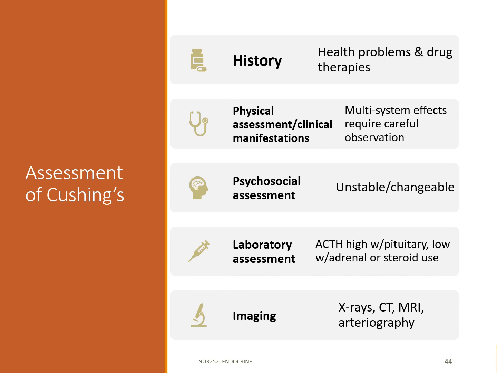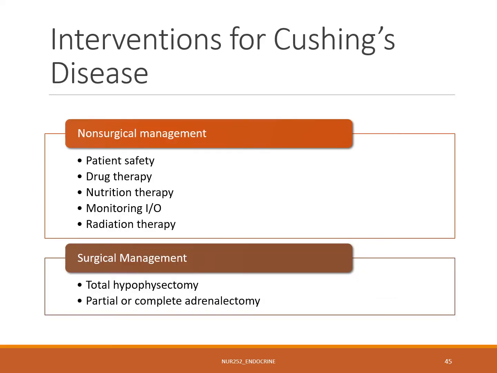Lab tests may include urine cortisol levels, which could be high regardless of the disease origin. ACTH will vary depending on the underlying cause. Various types of imaging are useful to identify lesions of the adrenal or pituitary glands, lung, GI tract, or pancreas. Patient safety includes preventing fluid overload from becoming worse, leading to pulmonary edema and heart failure.